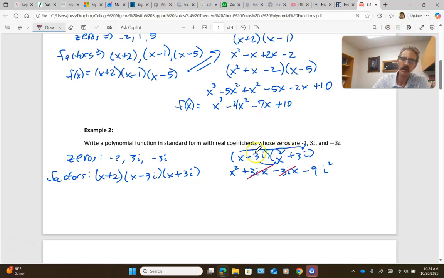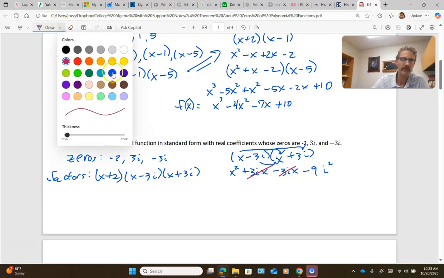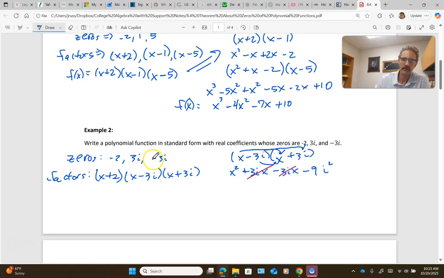These are known as conjugates because they're basically the same. It's just that the constants have opposite signs. And so whenever that's the case, when you multiply, these two middle terms are always going to be the same, but with opposite signs. Okay, so I have an x squared left.